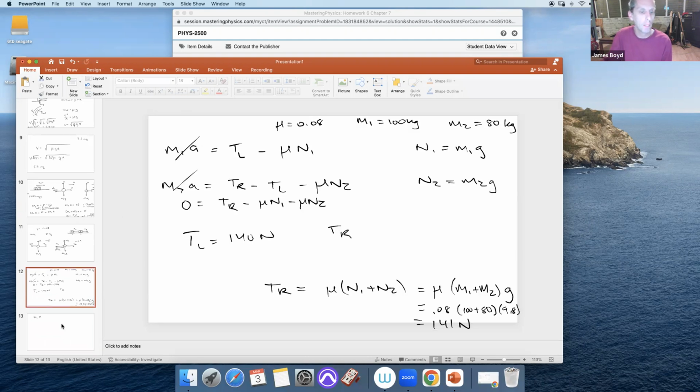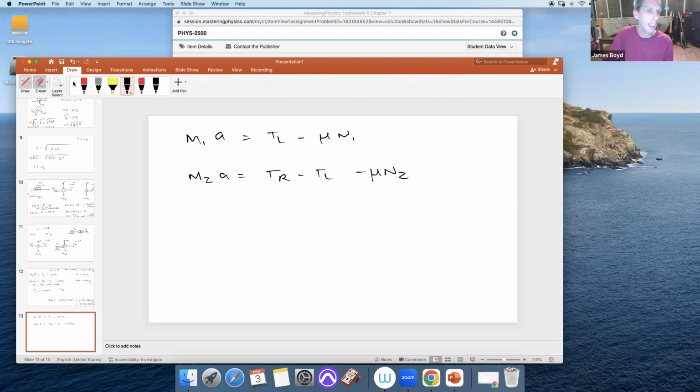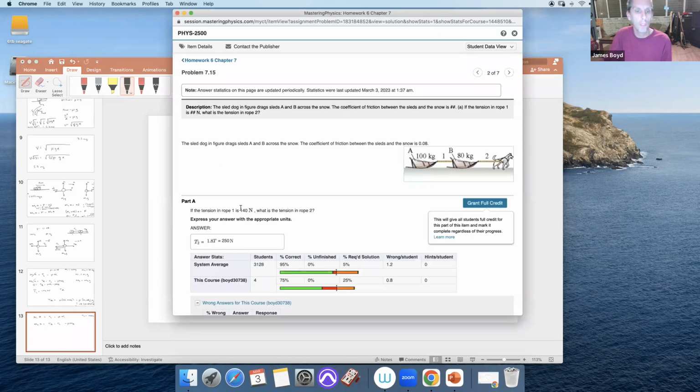M1A was T left minus mu N1, and M2A was T right minus T left minus mu N2. I guess I can't assume that they're moving at a constant velocity. Since I can't assume that, I know that T left is 140 newtons, we're told.